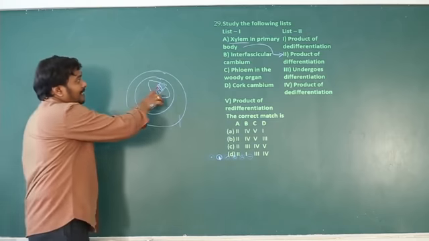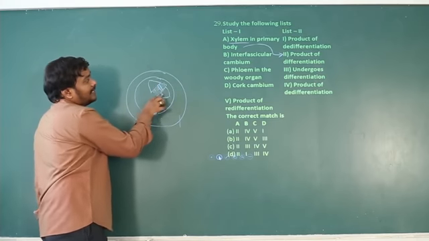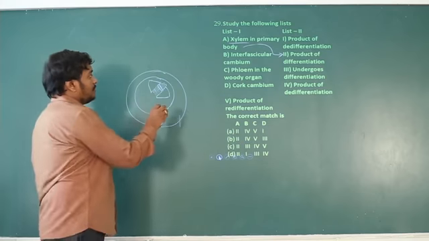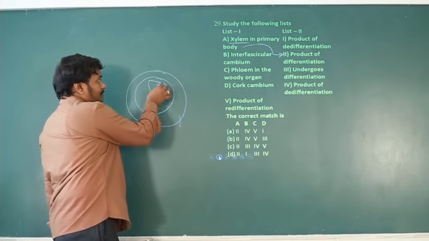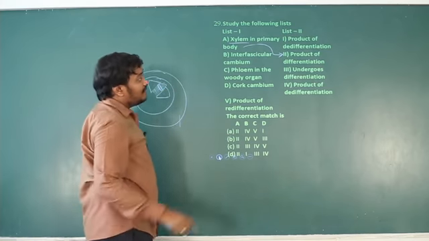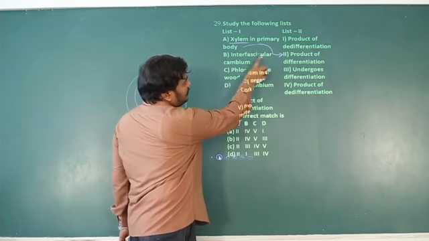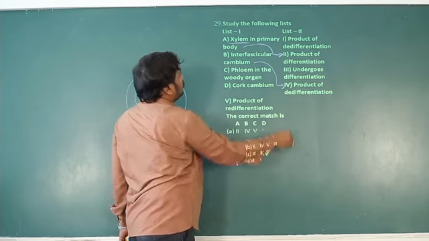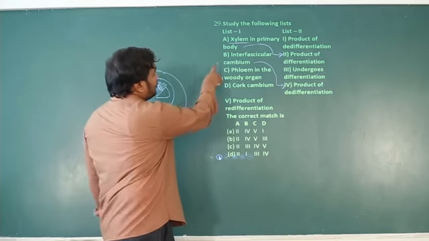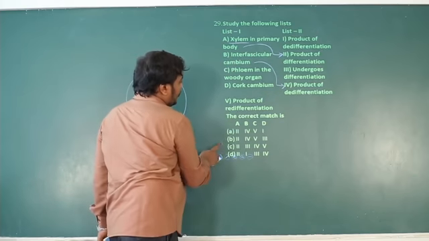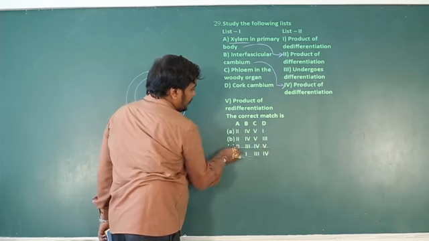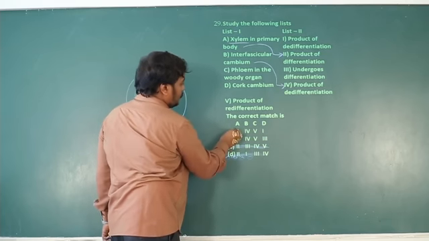But here the interfascicular cambium is the product of de-differentiation. Interfascicular cambium is formed in between the vascular bundles because of de-differentiation. So B4. Let me check A2, B4. A2 is in everything, B4, so we can eliminate this. So only 2 over there.